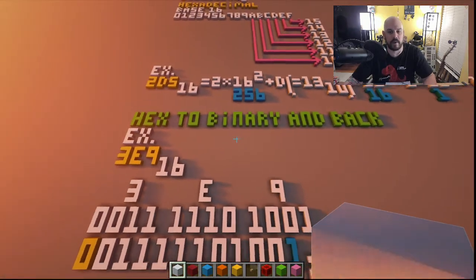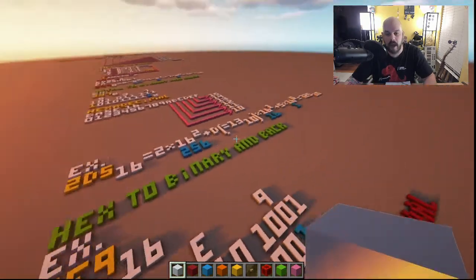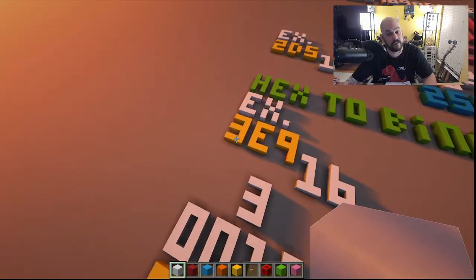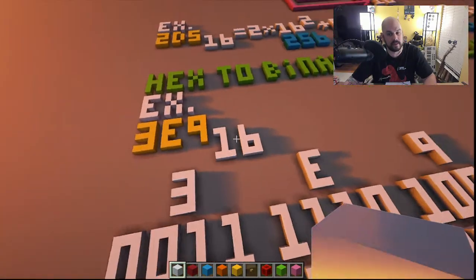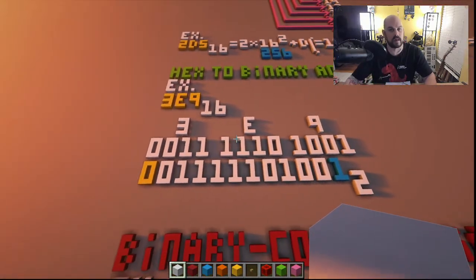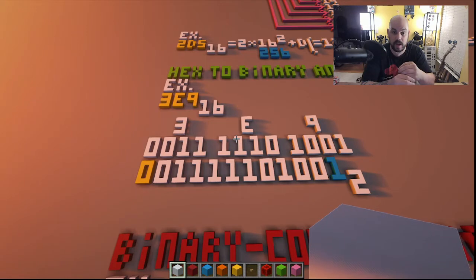So hex to binary and back, right? Now that we know how hex is written, what we have here is an example of 3E9 to the 16. So that's base 16. It works exactly like octal, except instead of groups of 3, you group them in groups of 4. This is really commonly used nowadays, especially when you want to address stuff.